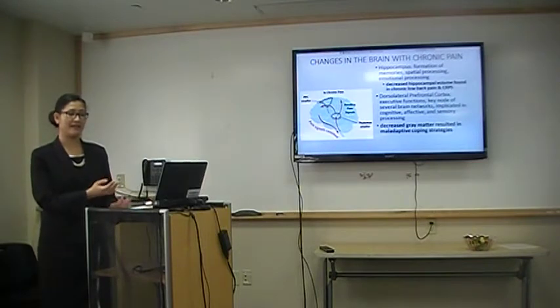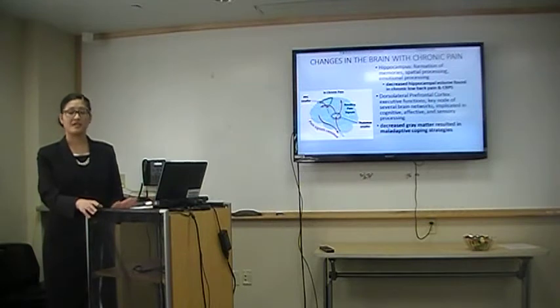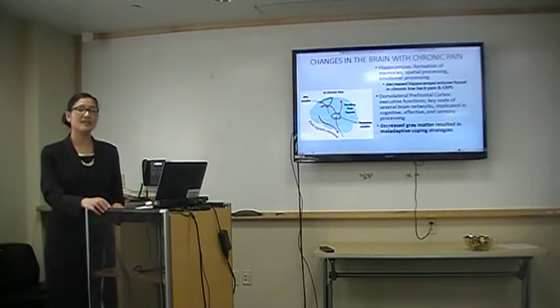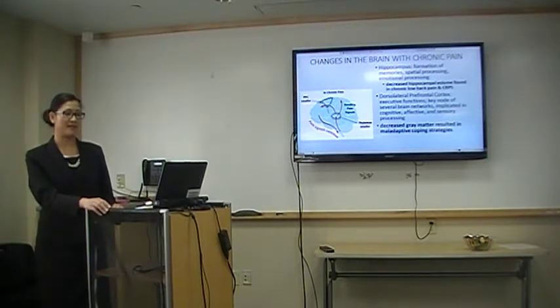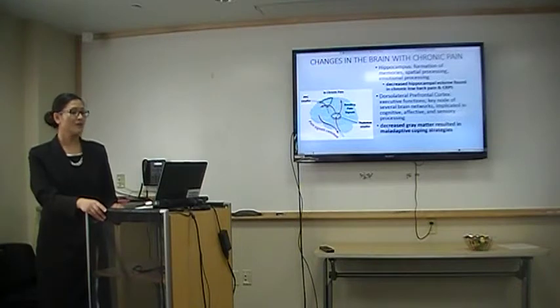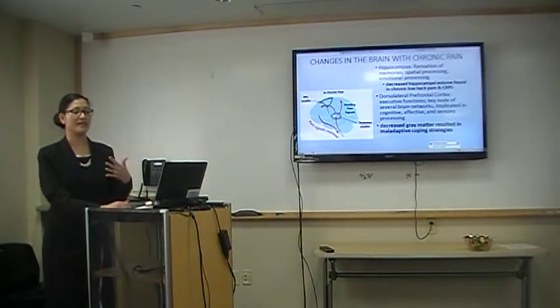Also, the hippocampus is a part of the brain where there's formation of memories, spatial processing, and emotional processing. They found decreased hippocampal volume in chronic low back pain and CRPS. With the dorsolateral prefrontal cortex, there are a lot of studies. This is involved in executive functions.